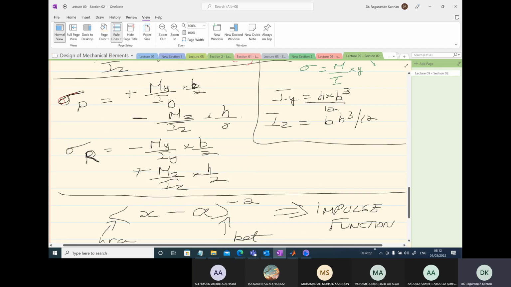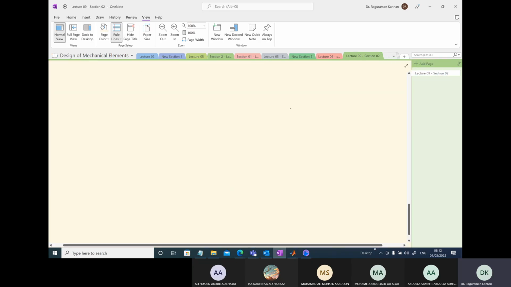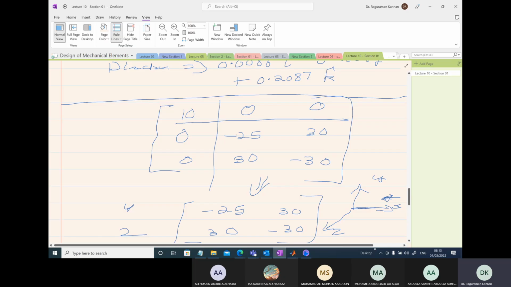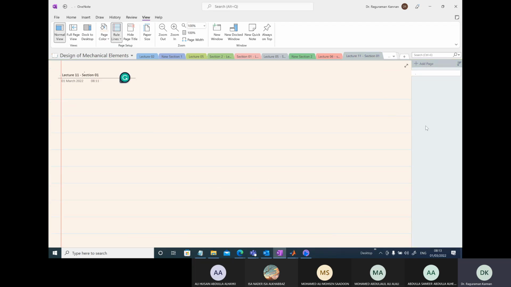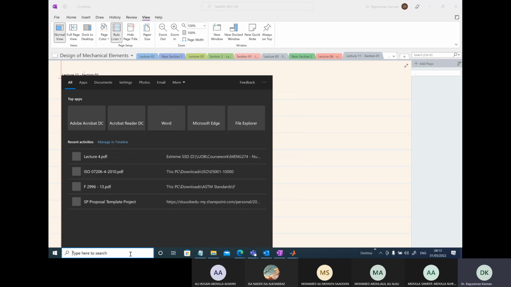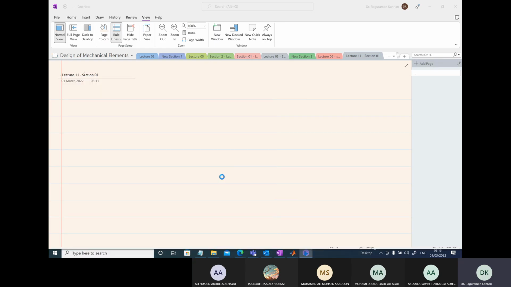Okay, this is the wrong one. I need slide 10 here. Let's copy the same problem back: 10, minus 25, minus 30, and 30. I'm going to simply write the problem here again. There is some issue.